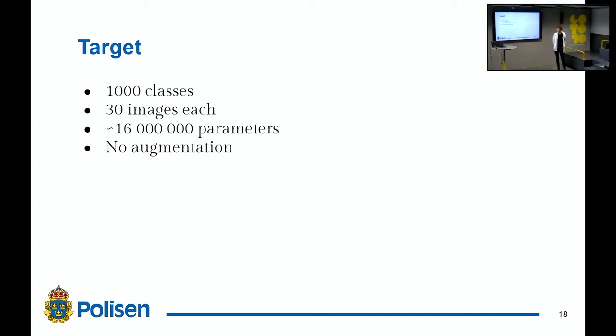So it learned to see the difference between all these 1,000 different people, each of which had around 30 images. And just to mention, the entire network had around 60 million parameters, and there wasn't any augmentation done on the training data. If you don't quite get what that means, that's not an issue, and it's not too important, but I figured I'd mention it for completeness' sake.